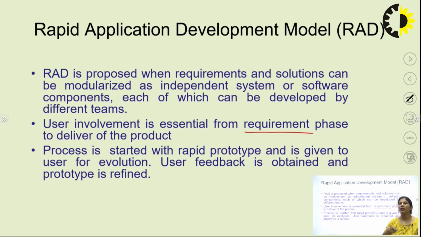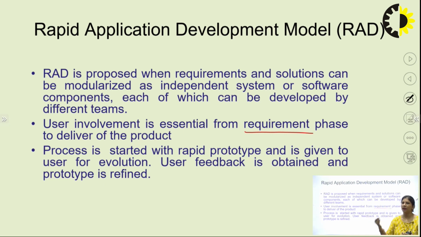The process starts with a rapid prototype, which is given to the user for evaluation. We develop a rapid prototype of the system and give it to the user. If some changes are required, let us know and we can work on it. Here the user feedback is obtained.